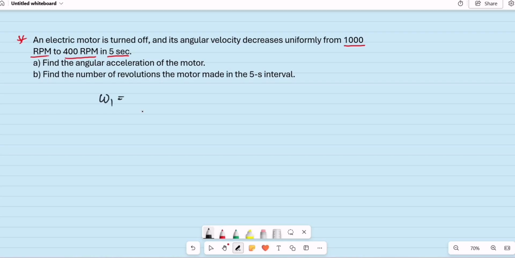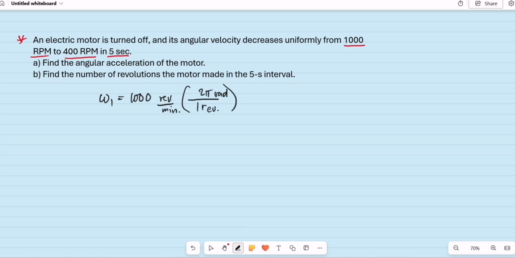Our initial angular velocity is 1000 RPM, which means revolutions per minute. If we are to convert this to radians per second, one revolution is basically 2 pi radians, multiplied by 1 minute equals 60 seconds.